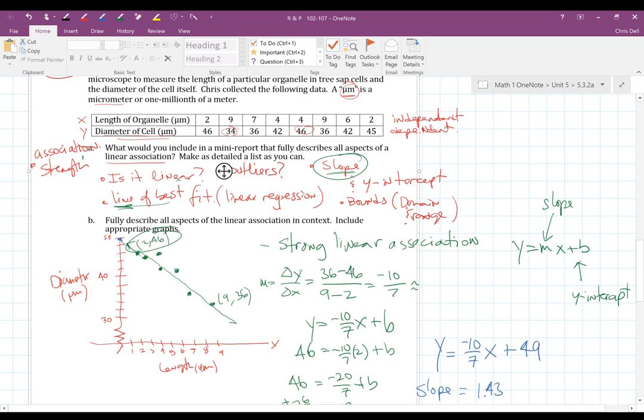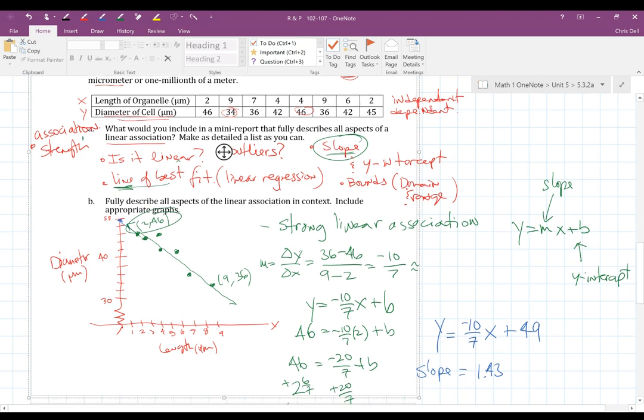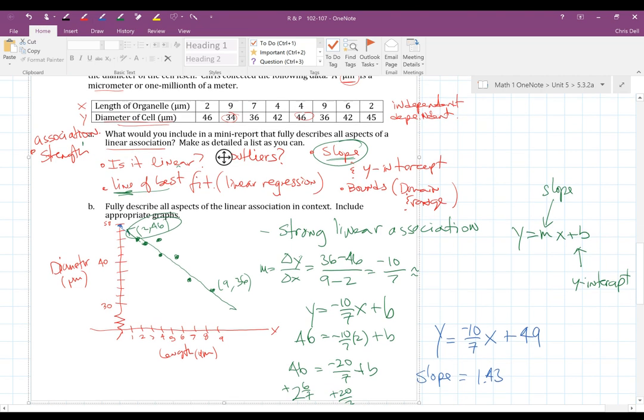The change of y is the diameter, and the change of x is the length of the organelle.